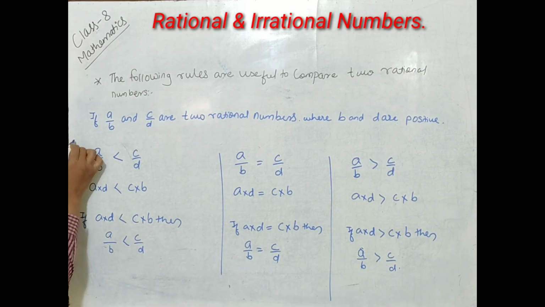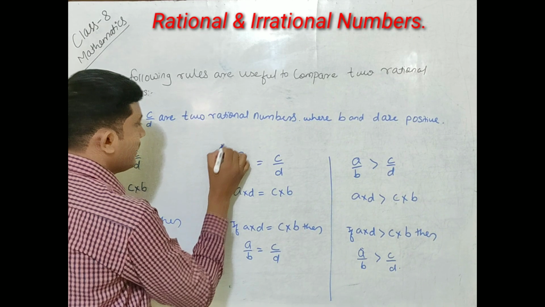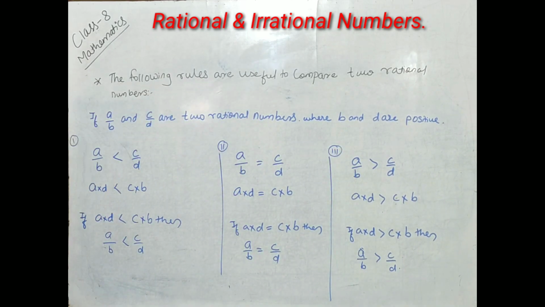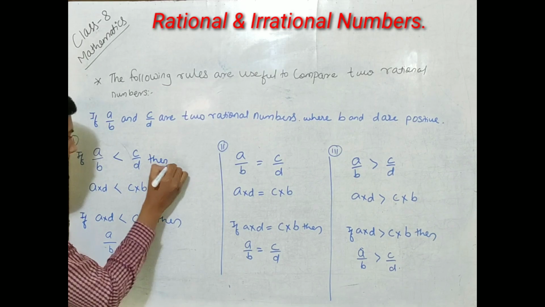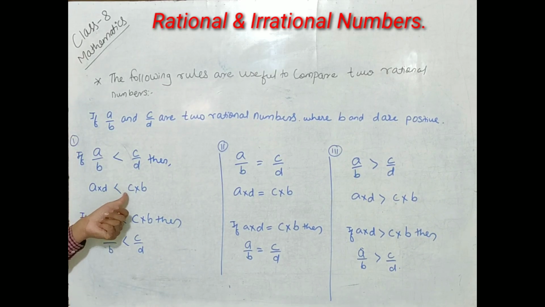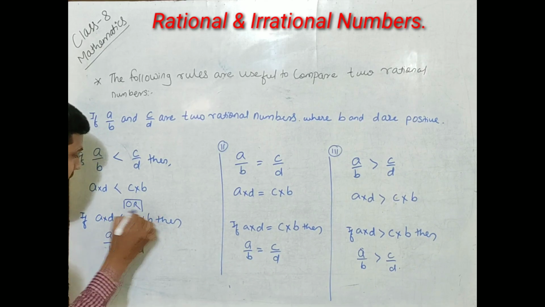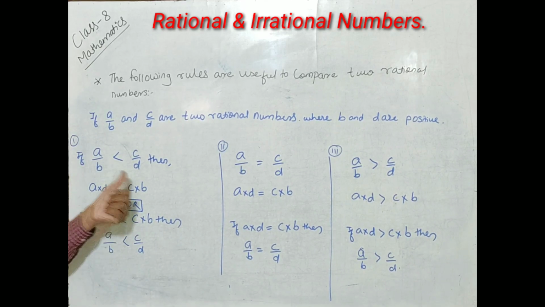So, these are the three properties which can again be given in two possible ways. We can again say that if a upon b is less than c upon d, then a into d is less than c into b. These both are the same or supplementary to each other.